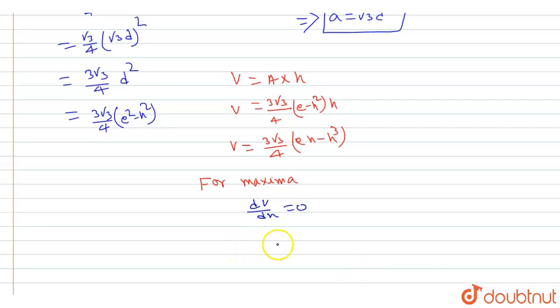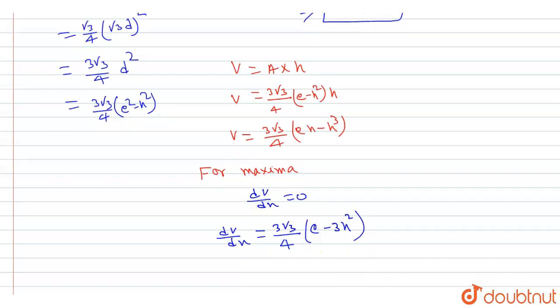So after differentiating, dV/dh is equal to 3√3/4 times (E² − 3h²). Clear? From here we can find the h value.